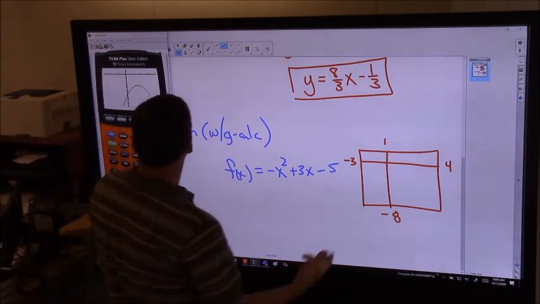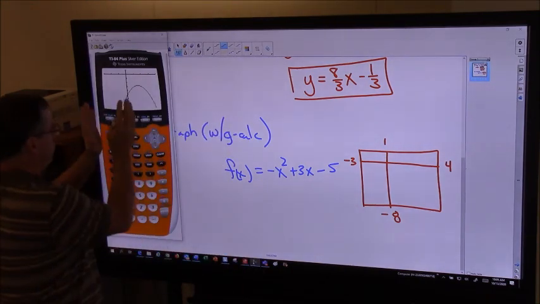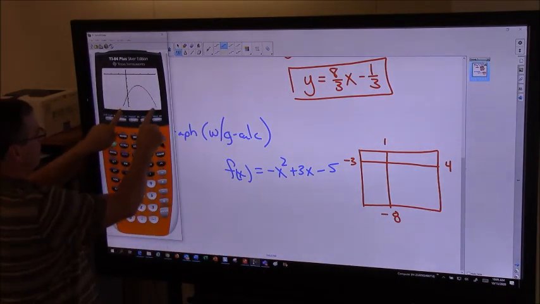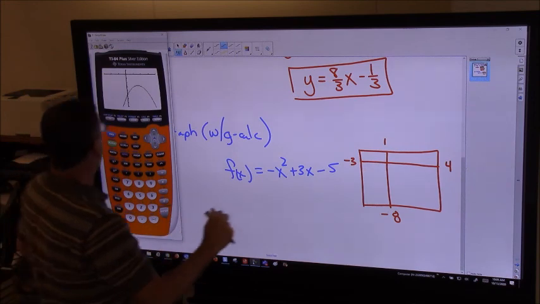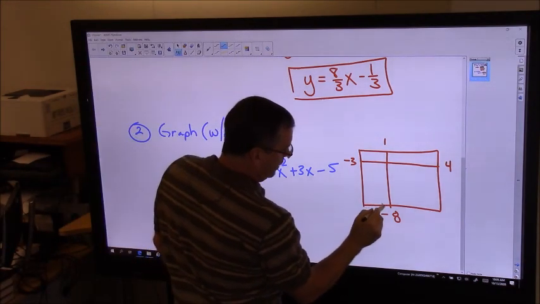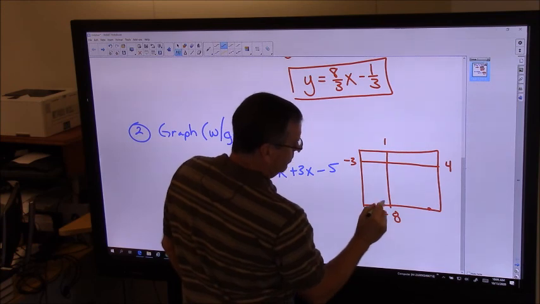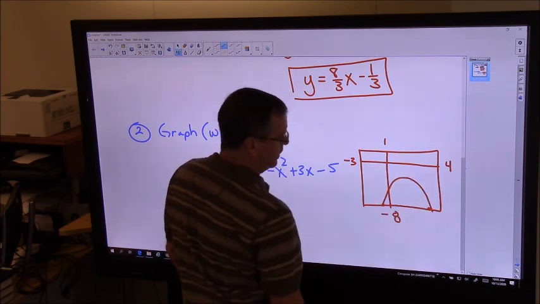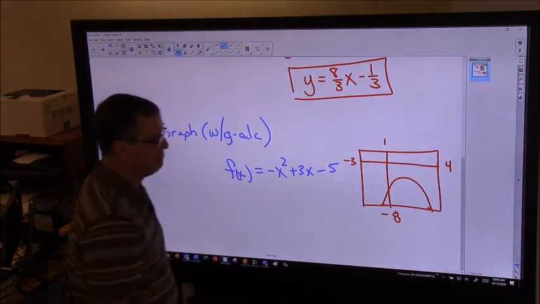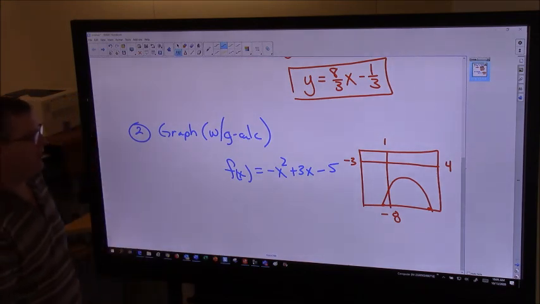So I'm just going to draw a picture that kind of looks like what I see here. I also look to see where we're hitting the edge of the screen, and so really right there and right about here. So let's just draw a parabola that looks like it's doing that. There it is. I've done what they've asked me to.